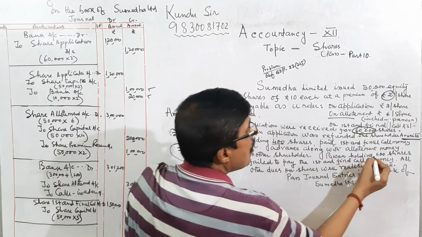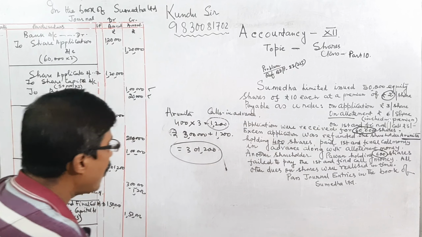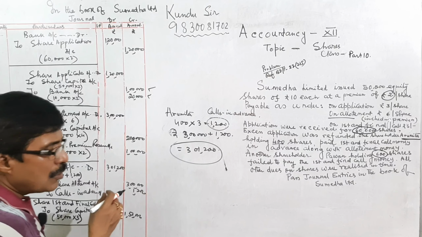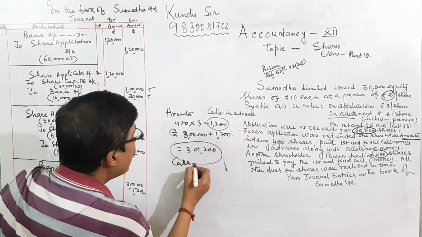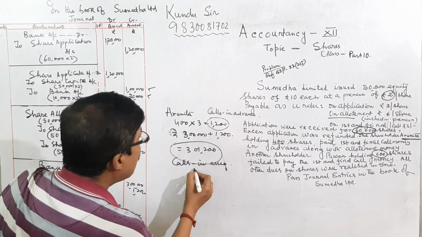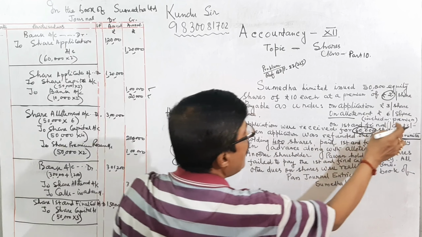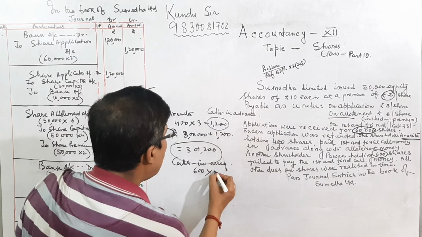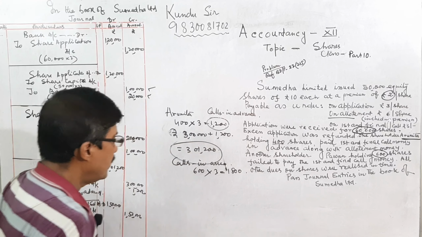Now we are getting money, but in that situation Mr. Pawan is not giving the first and final call money. So now we are calculating calls in arrear. Calls in arrear equal to 600 into 3. We are not getting this.